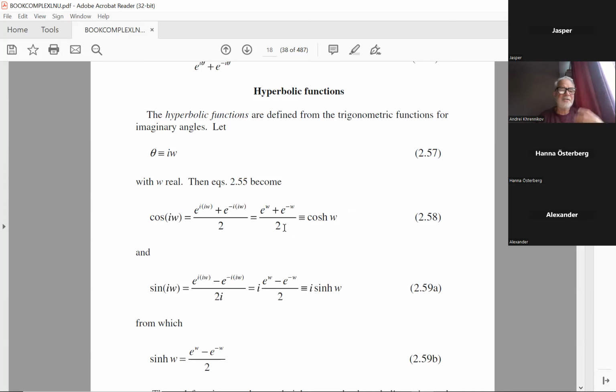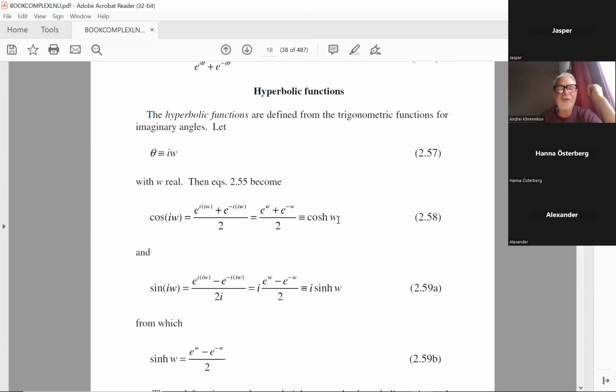But what is interesting now is that it is the usual cosine, but with the argument multiplied by the imaginary i. So these two things, which were considered in usual analysis as totally different, the hyperbolic function and the usual trigonometric function, are in fact very similar. They are related by this equality.